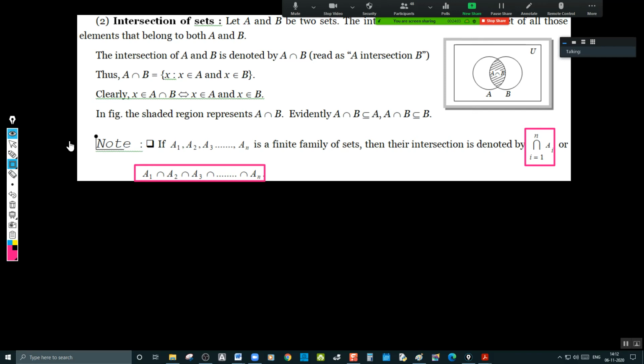Now, if you take the common factor for all of you, what is a common factor? All of you are present in the class. So the number of students present in the class is the intersection of all of you; all are present.